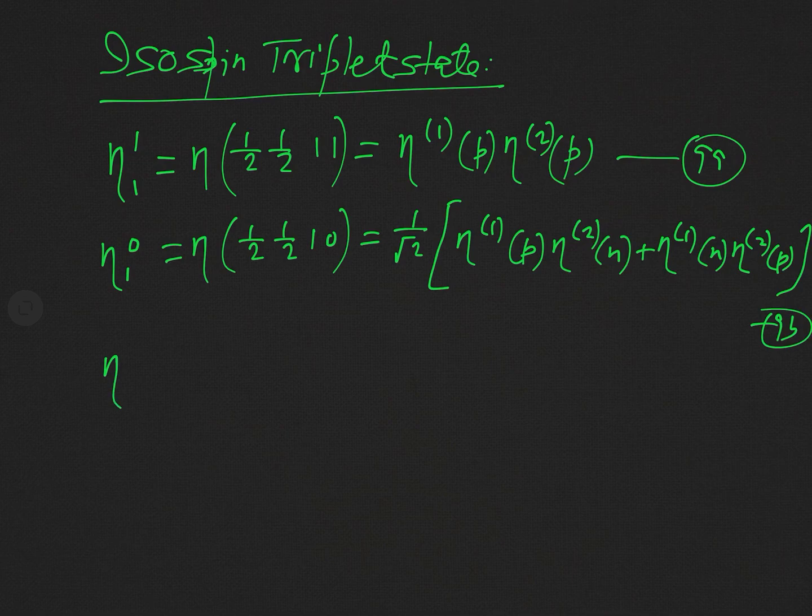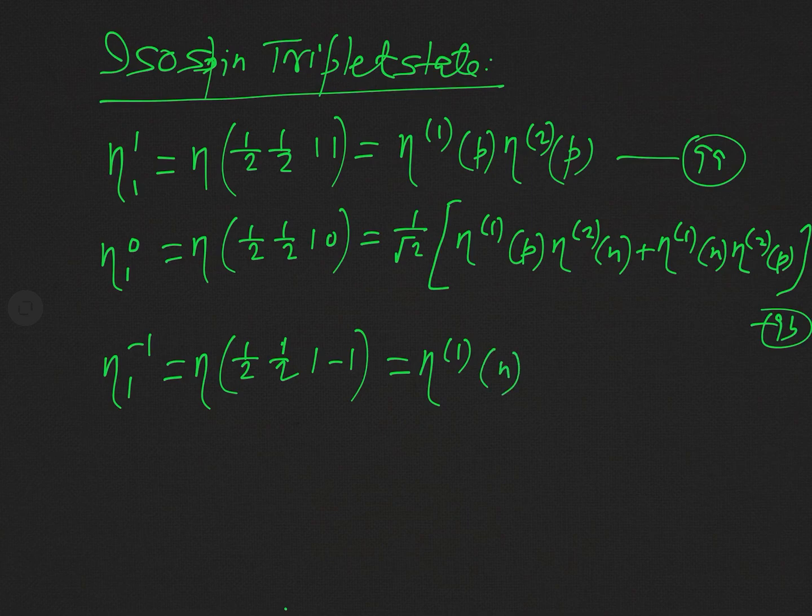Now the third state is the 1 minus 1 state. This is eta 1/2, 1/2, 1, minus 1, and this is equal to eta 1 n and eta 2 n.